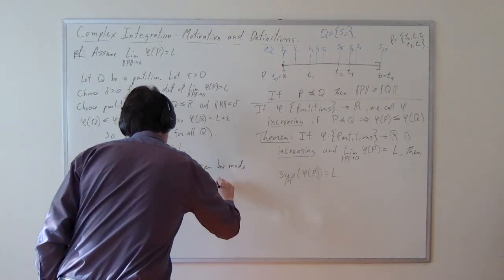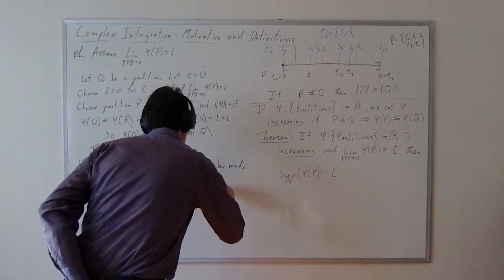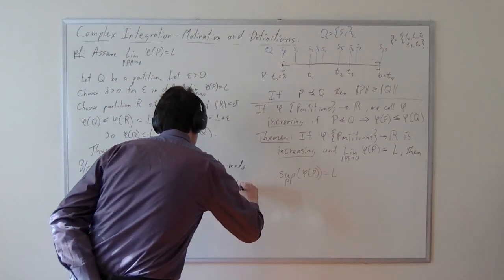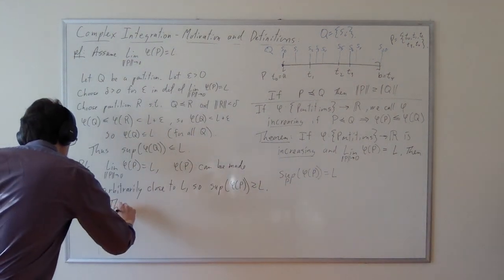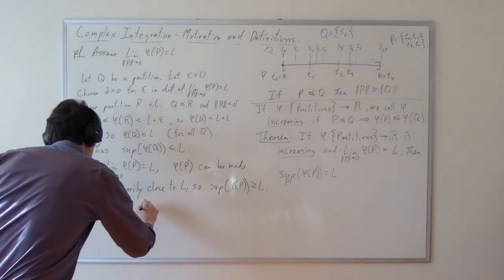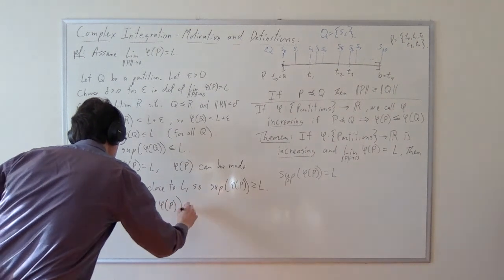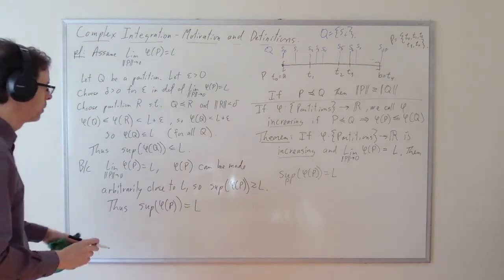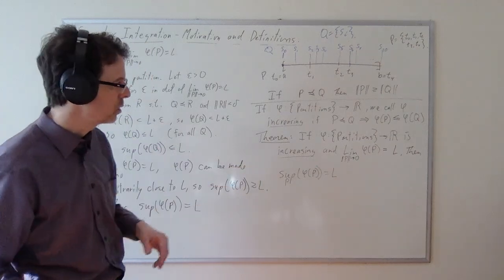And so what does that mean? That means that the supremum of all the values phi of P is at least L. And then, of course, you put these two together, and you get that the supremum of all the values of phi of P over all the partitions is equal to L, which is what we wanted to show. So that's the conclusion there.